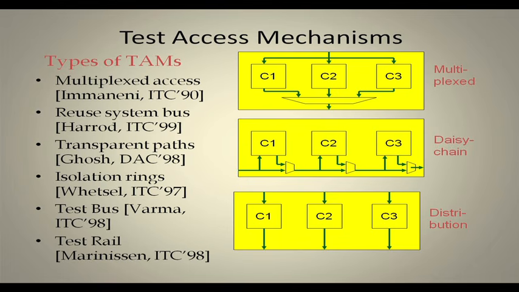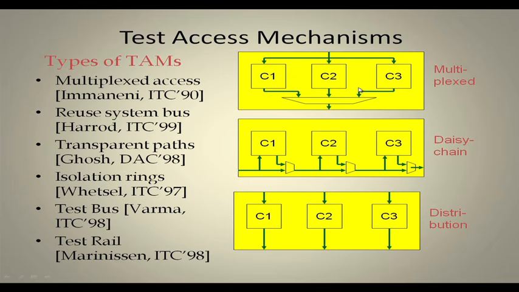Now, about the test access mechanism, several types have been proposed in the literature. The first one is multiplexed access. In a multiplexed access, the test bus is coming, and it is divided into 3 cores, C1, C2 and C3.